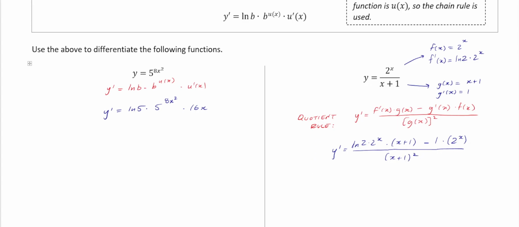Okay, I can clean this up because I can recognize that there is 2 to the x in both terms. So I can factor that out. 2 to the power of x, and then open brackets, ln 2 times x plus 1 minus 1. Close those brackets, all over x plus 1 squared.